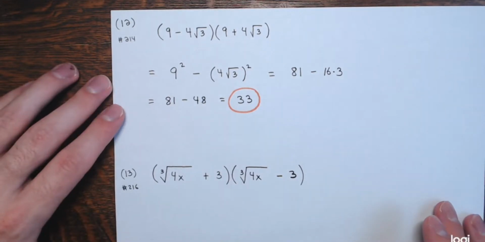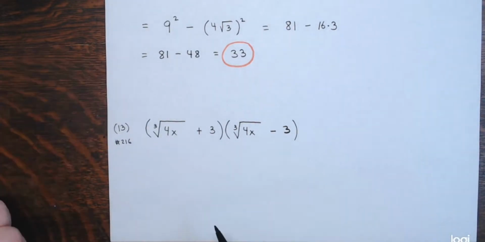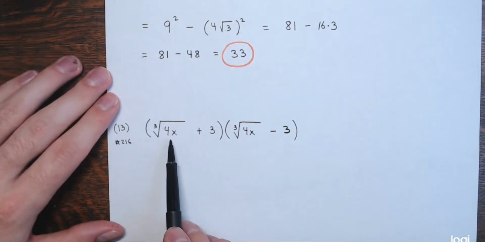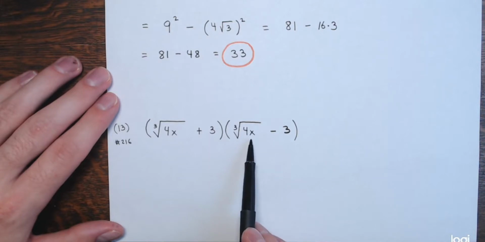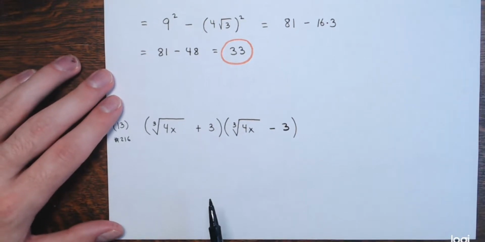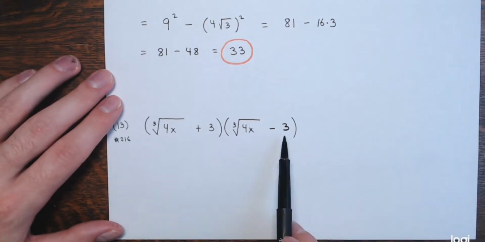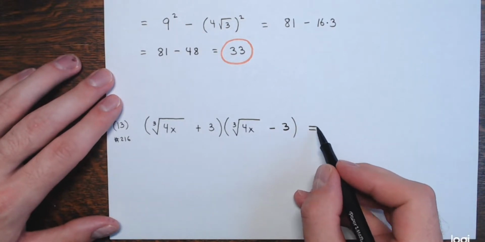All right, and the final one, again, I have conjugates. The cube root of 4x plus 3 times the cube root of 4x minus 3. Because I recognize these as binomial conjugates, two-term conjugates, I'm just going to end up with a difference of squares.